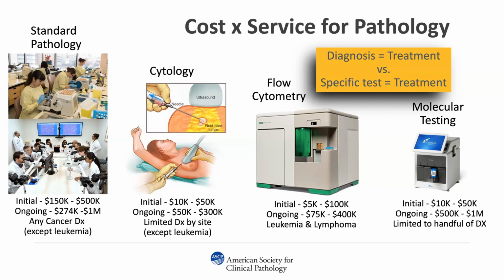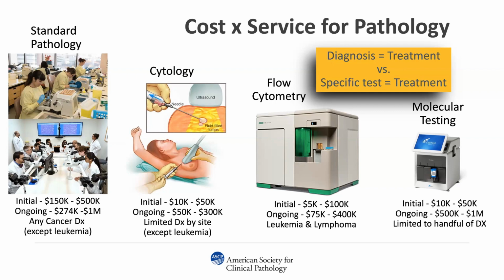But what you can do with molecular much more frequently than you can with standard histology is do a specific test to equal a specific treatment. So in pathology, when we look at the H&E, we can make a diagnosis and a patient can be recommended for a treatment guideline. And then we can also do things like ER or HER2, where that's a specific test for them to get a specific treatment.